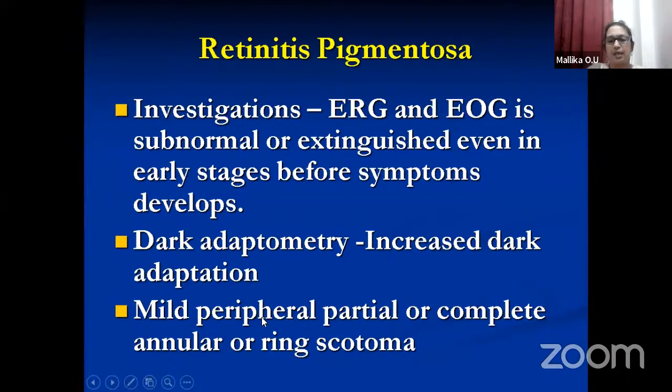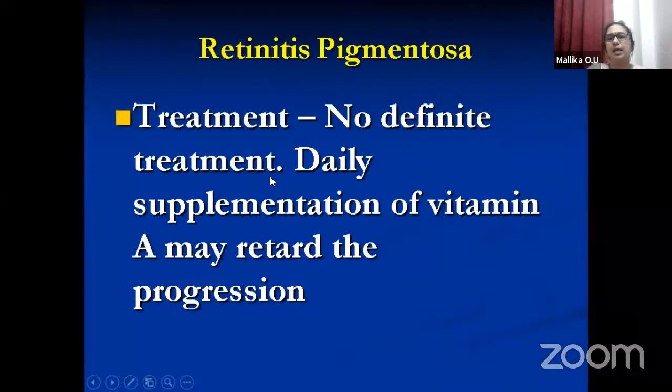And in the initial stages, there is a mid-peripheral partial or complete annular or ring scotoma. So the treatment: there is no treatment available. Vitamin A supplementation can retard the progression, but has not much effect.